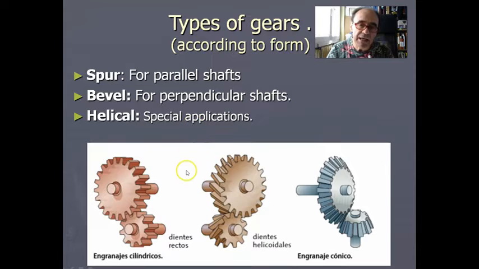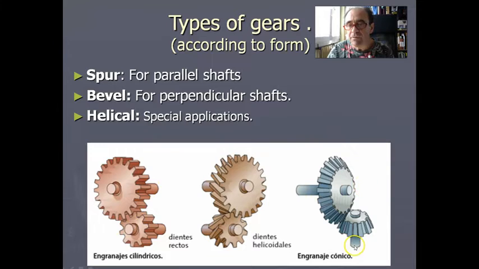Types of gears. According to the shape of the gear, we have three different types: spur gears, helical gears, and bevel gears. Spur gears are used when the shafts are parallel. This axis is parallel to this one.